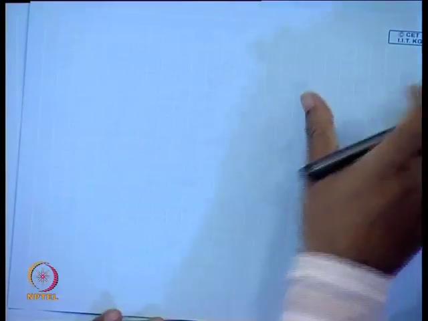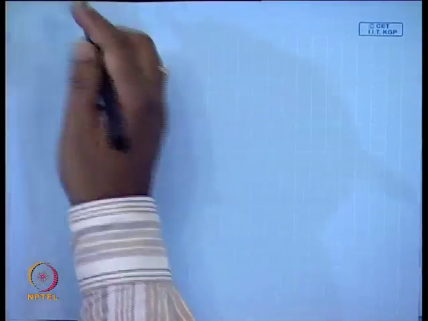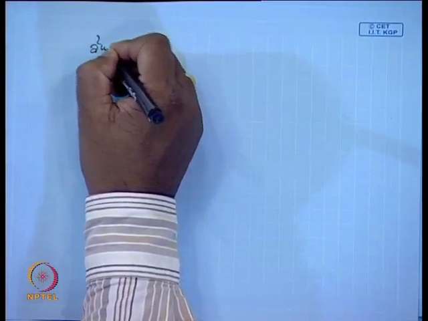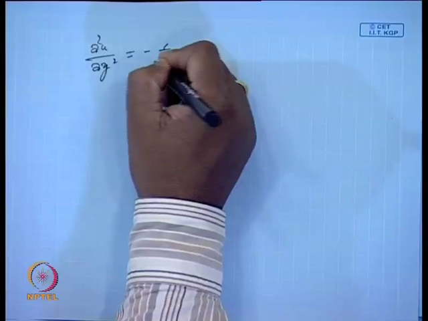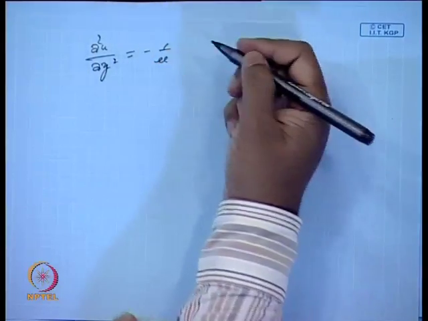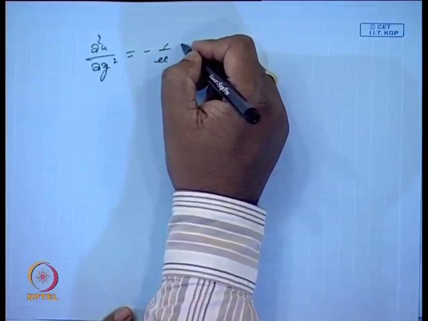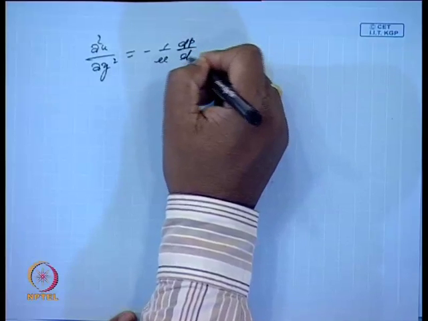So, if the flow is two dimensional, then it gives me del square u by del y square is equal to minus 1 by mu dp by dx, because p is a function of x.